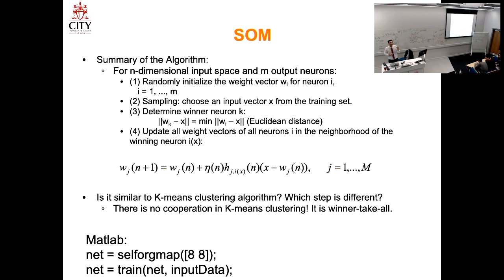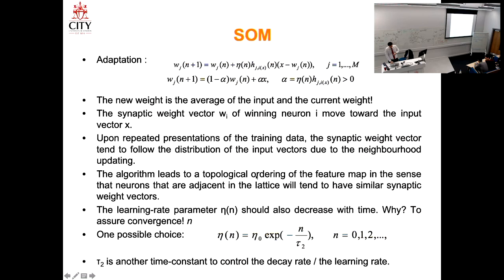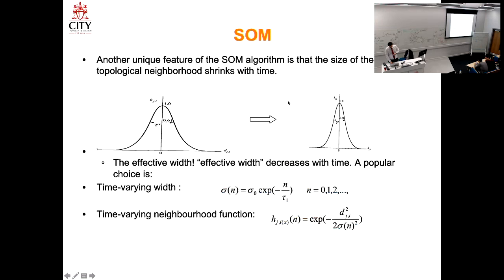For that, D is going to be 0. So in this equation that we have, for the winner, D is going to be 0, so this is always 1. But for the rest, D is larger, so this is going to be smaller than 1. Right? So they are less updated.